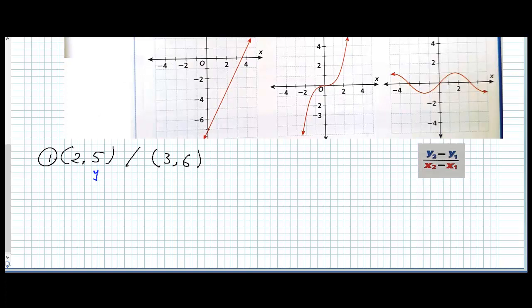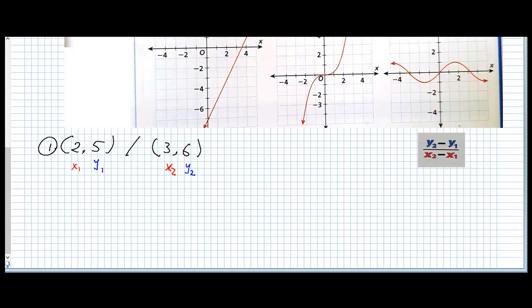So here this will be y1, this will be y2, and this will be x1, this will be x2. You got it? Our formula is y2 minus y1 over x2 minus x1, or rate of change for y over rate of change for x. Let's put our rule and solve.